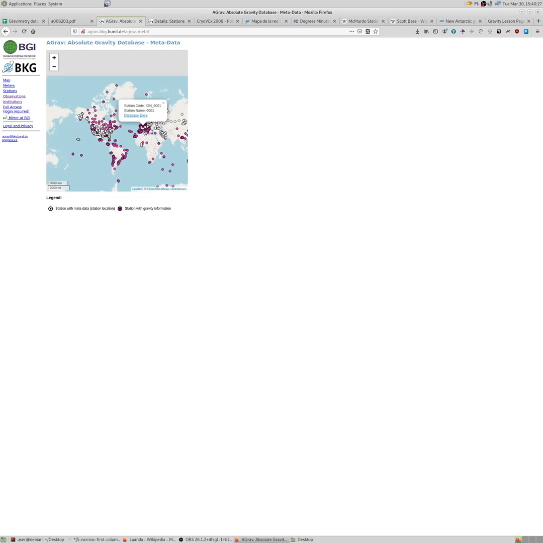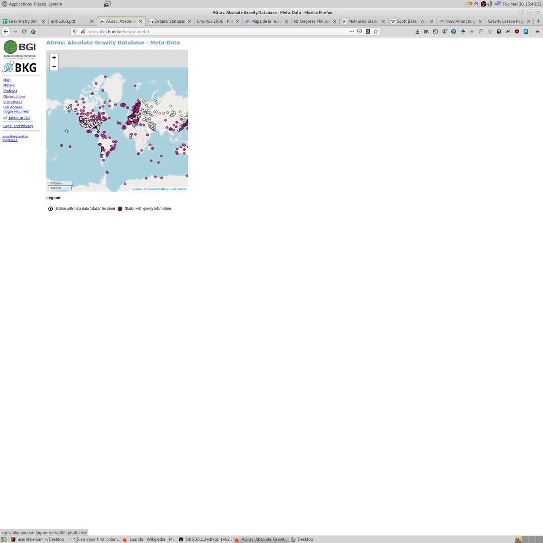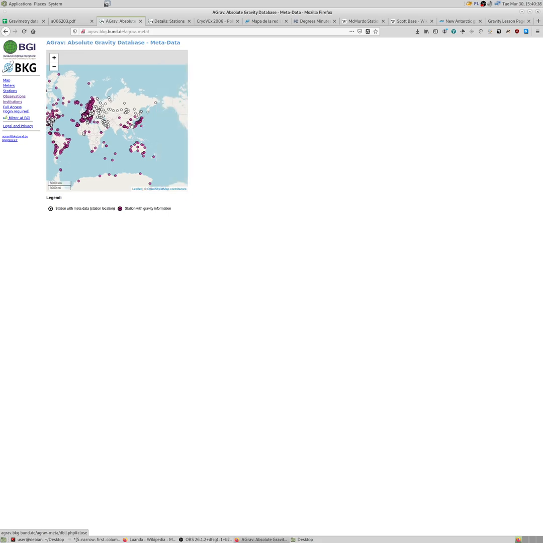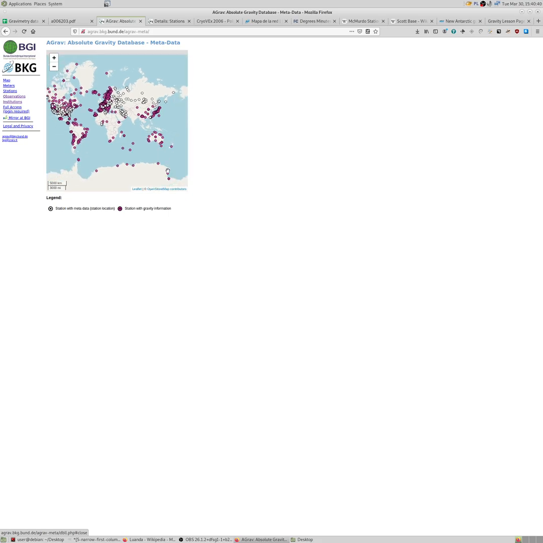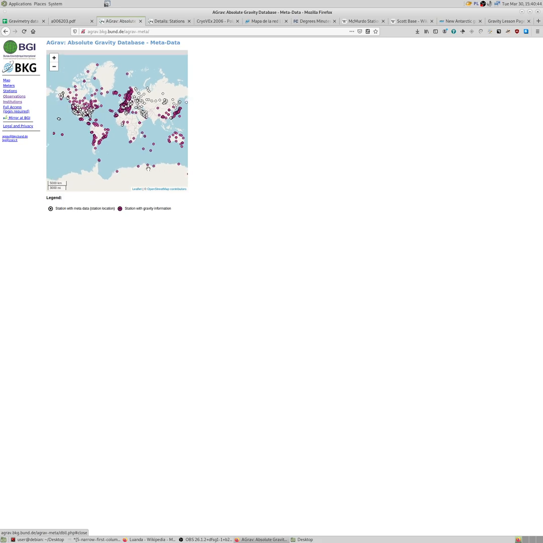This database has really good coverage in Europe, some coastal cities in South America, good coverage in Northern America, a bit in Asia and in Australia, and a bit of coast of Antarctica and a few other places. But these are manually done, some are automated actually.